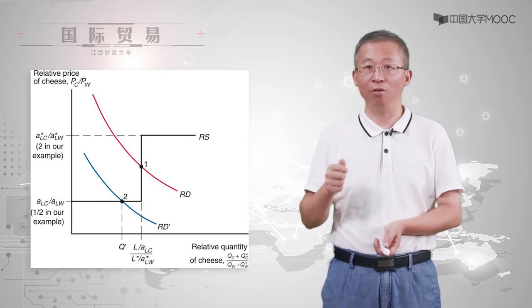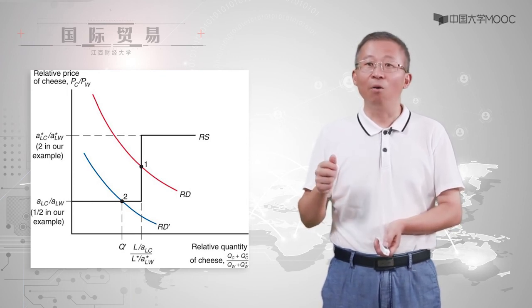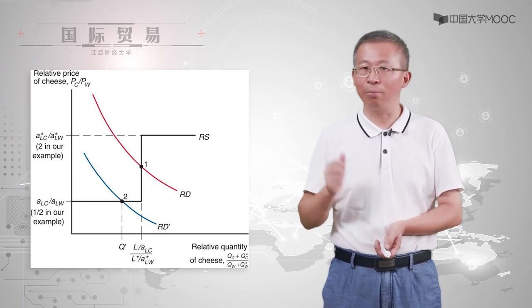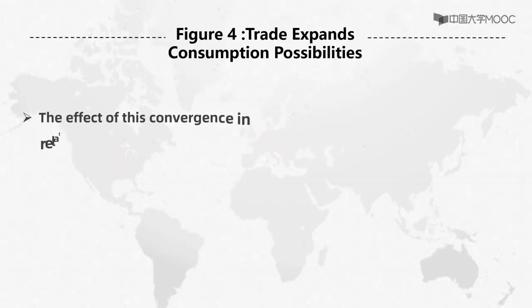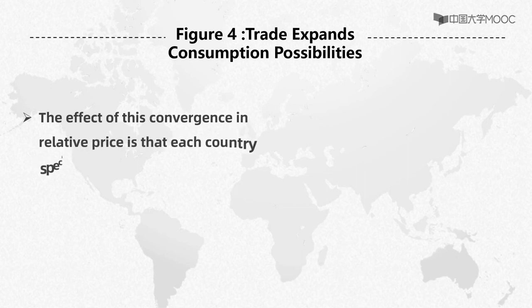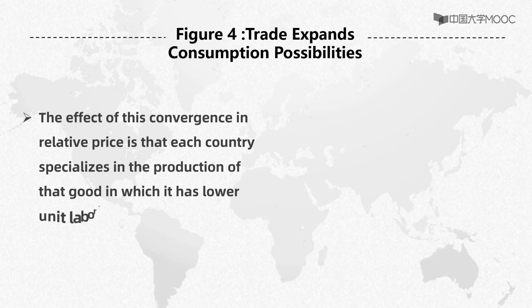Trade will result in convergence in relative price. The effect of this convergence in relative price is that each country specializes in the production of the good in which it has the lower unit labor requirement.